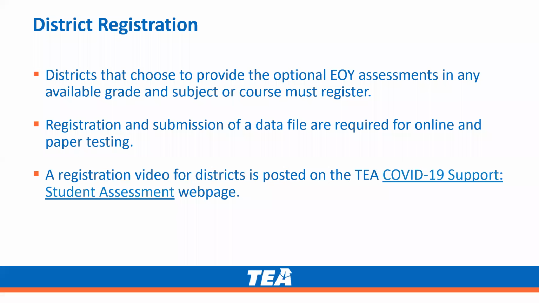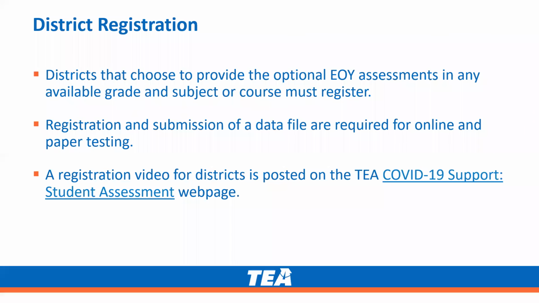As far as districts that choose to provide the optional end-of-year assessments in any available grade and subject or course, you have to register. And we're going to talk more about that here. So registration will also include submitting a data file for online and paper testing.